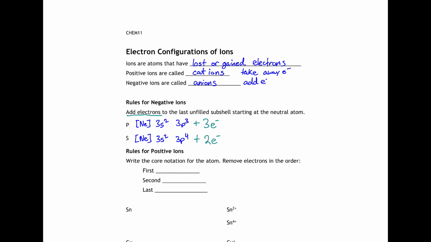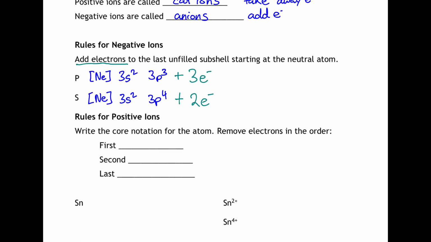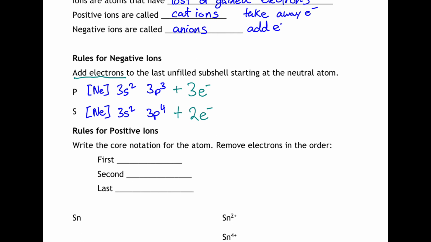So this leads to a phosphorus with a 3 minus charge because I have added 3 electrons to the phosphorus to make it charged. So the electron arrangement of this one is the 3s2, which is full, and now I have 3p6. I'm full, that last 3p6 is full.